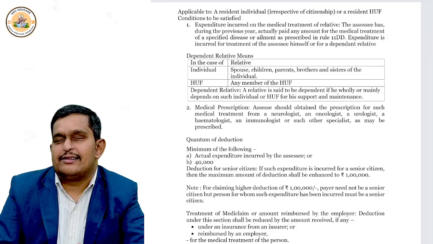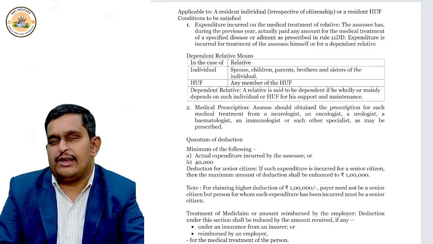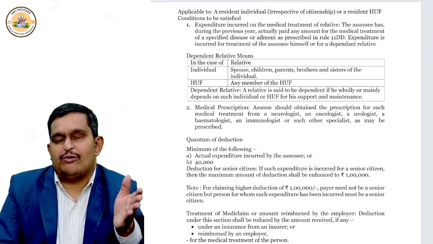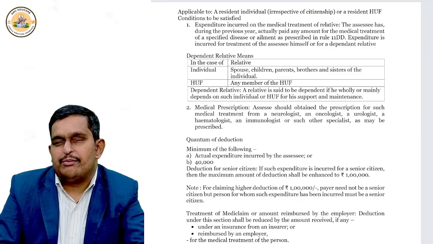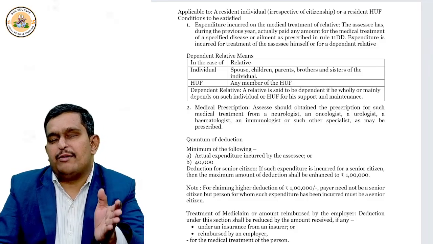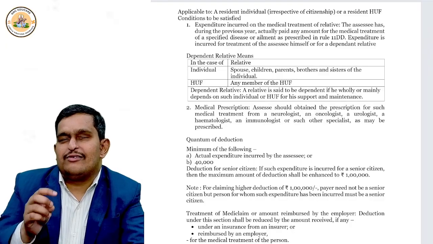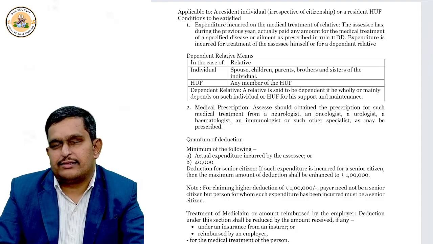In that case, the amount will be 1 lakh if it is a senior citizen. So generally, amount paid or rupees 40,000, whichever is lower. But if the person whose treatment is going on is a senior citizen, then amount paid or rupees 1 lakh, whichever is lower. This you should understand.